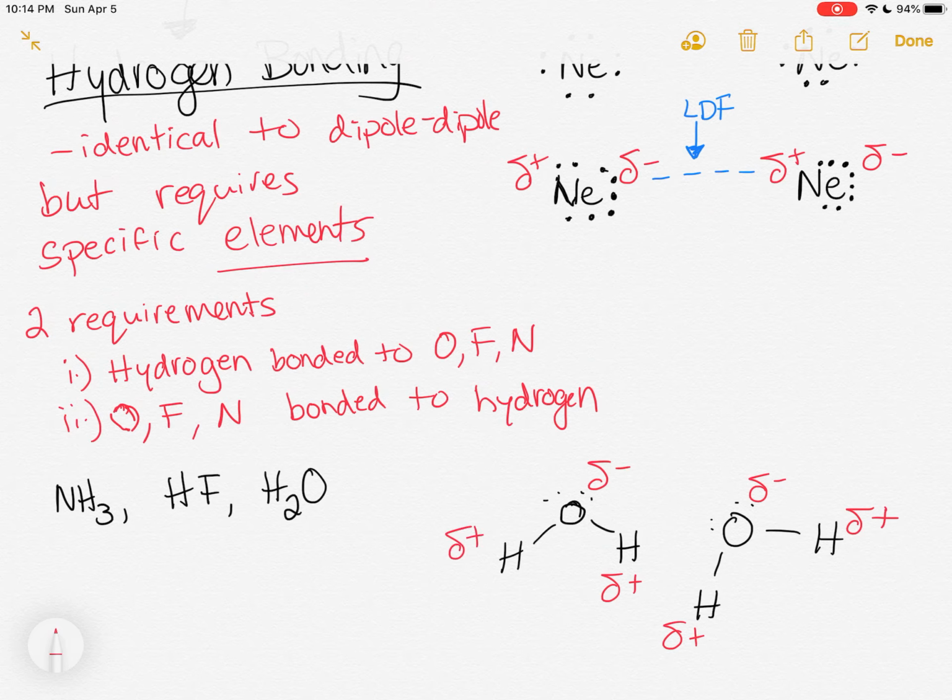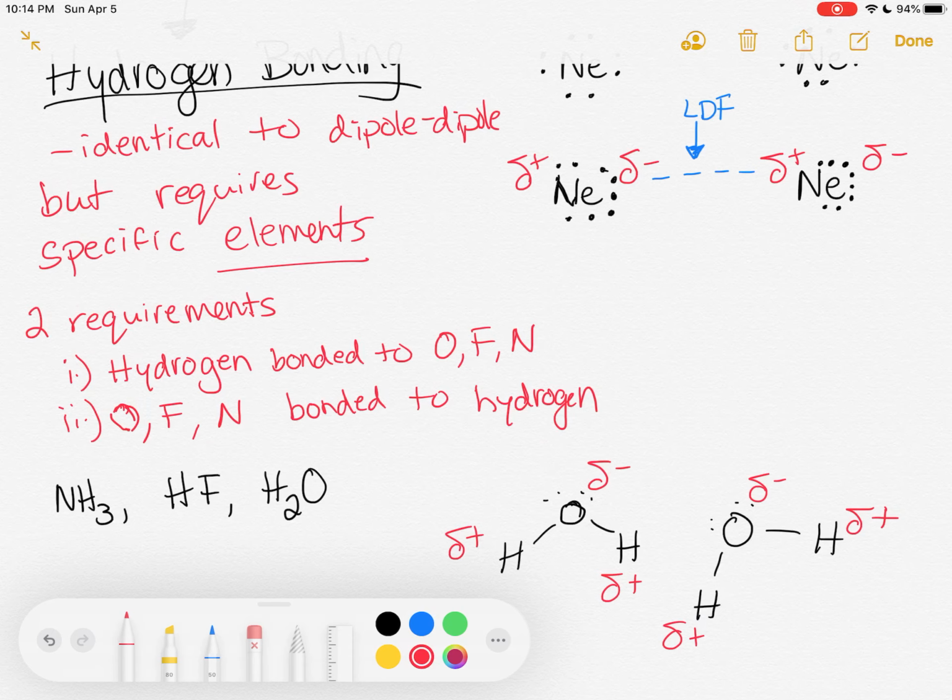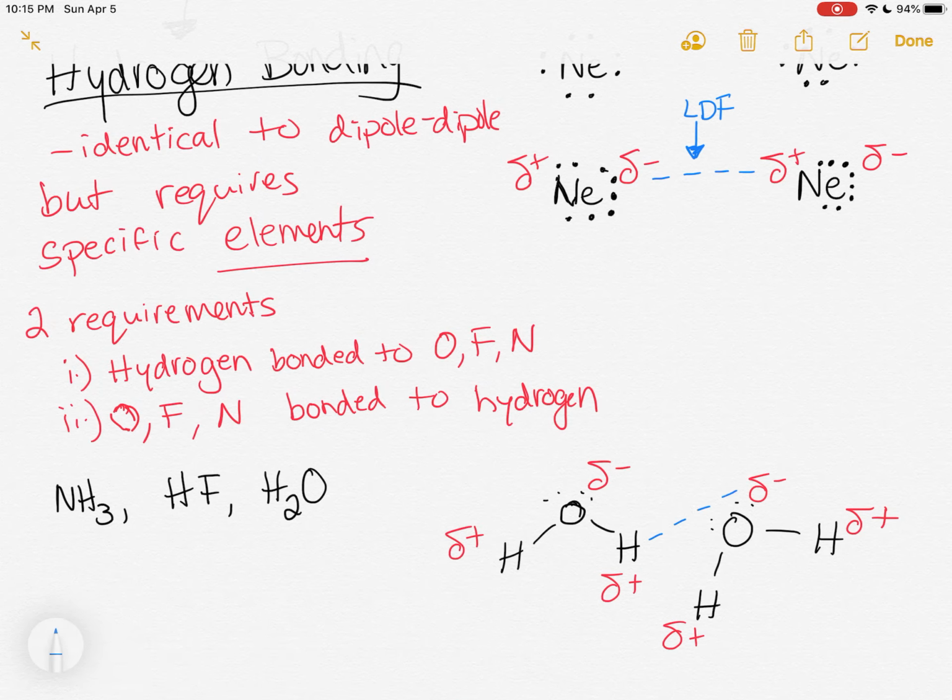Our hydrogens are partially positive and our oxygens are partially negative. And so we can have an attraction between our partially negative oxygen and our partially positive hydrogen, and that is called a hydrogen bond.